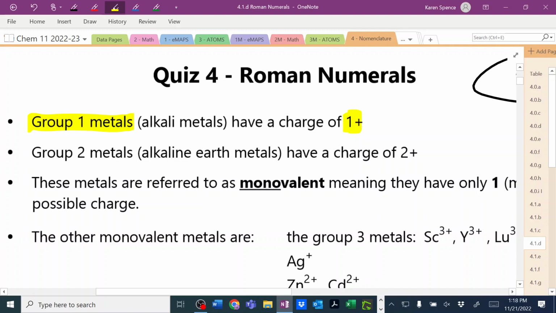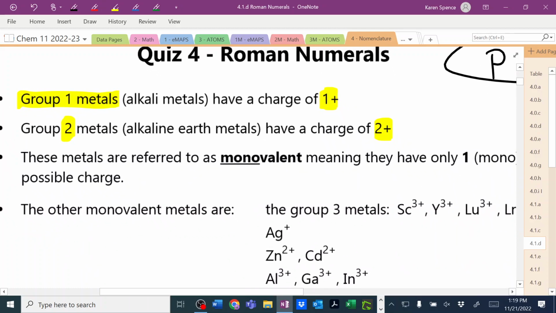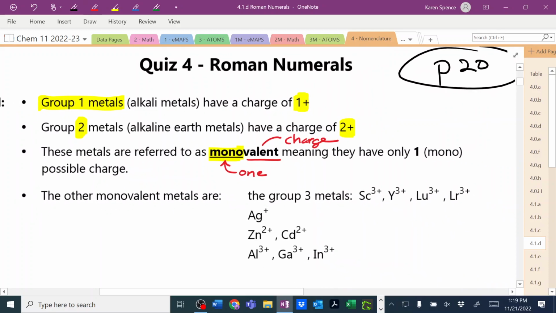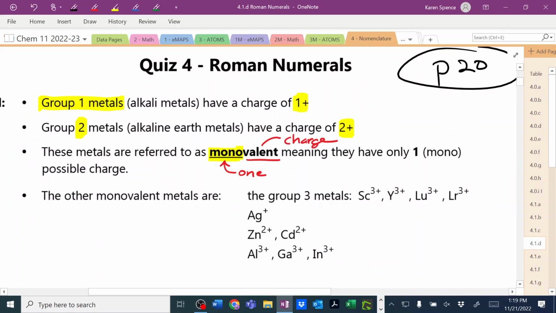Group 2 forms ions with a +2 charge. These metals are referred to as being monovalent. What does mono mean? One. Valent essentially has to do with the valence electrons. It has to do with the charge, meaning they have only one possible charge.